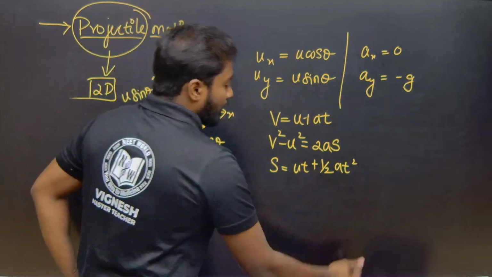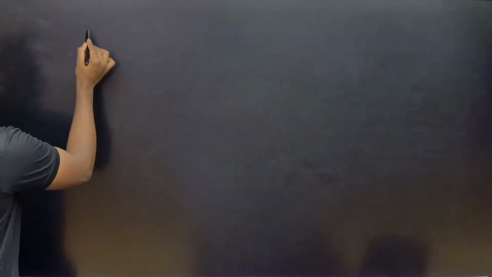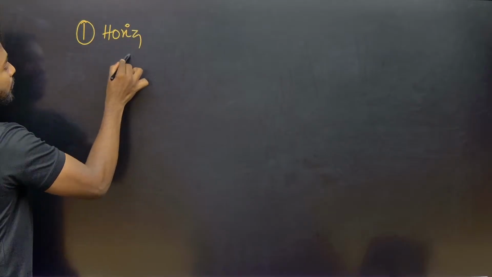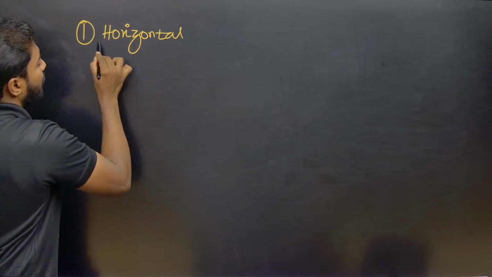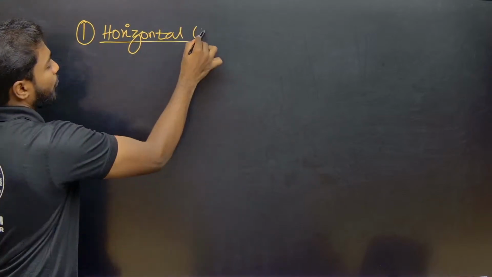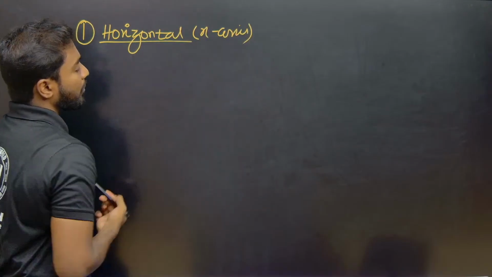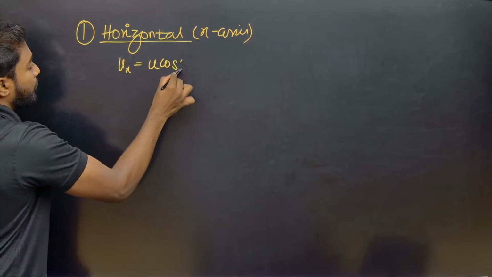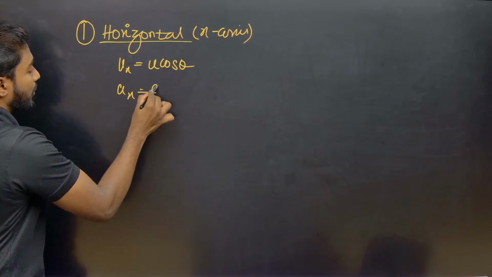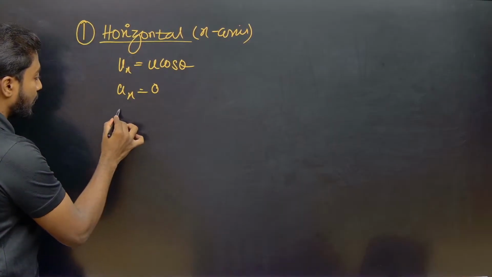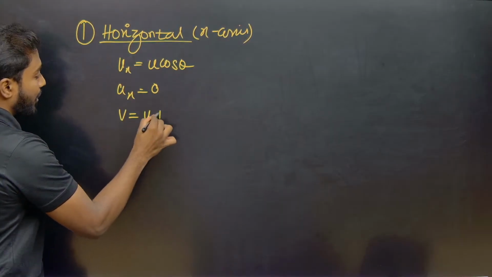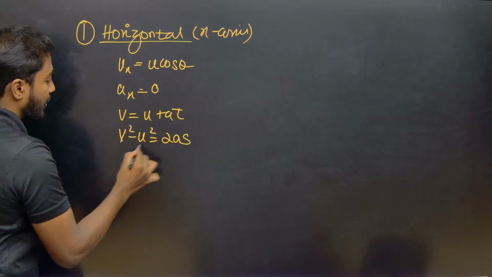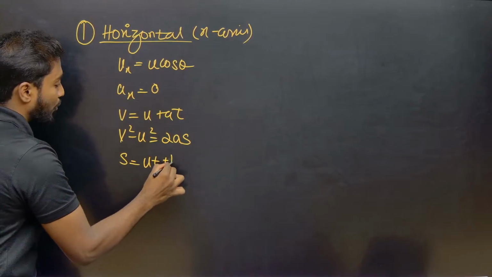First I will calculate for the horizontal, that is the x axis. So we have ux equals u cos theta, ax equals 0, and the equations are v equals u plus at, v square minus u square equals 2as, and s equals ut plus half at square.